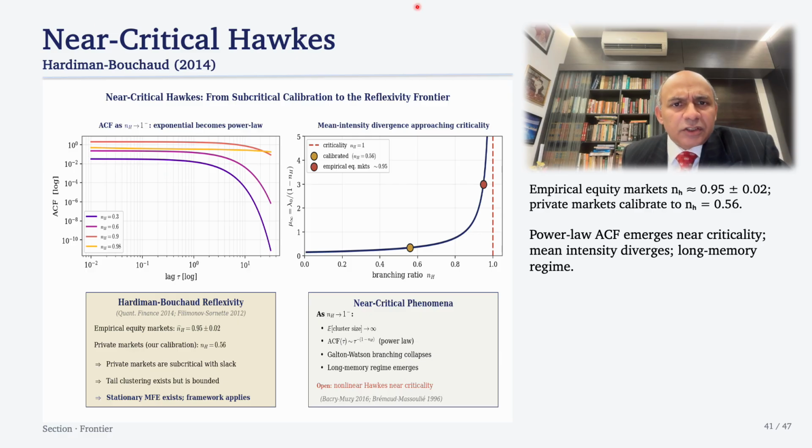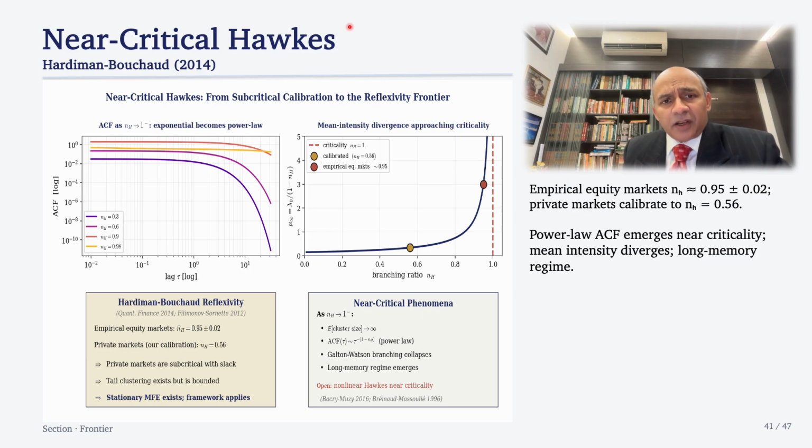Near-critical Hawkes, presented by Hardiman and Bouchaud 2014. The empirical equity markets calibrate to a Hawkes branching ratio of 0.95 plus or minus 0.02, extremely close to the critical line of 1. It's operating extremely on the edge here.